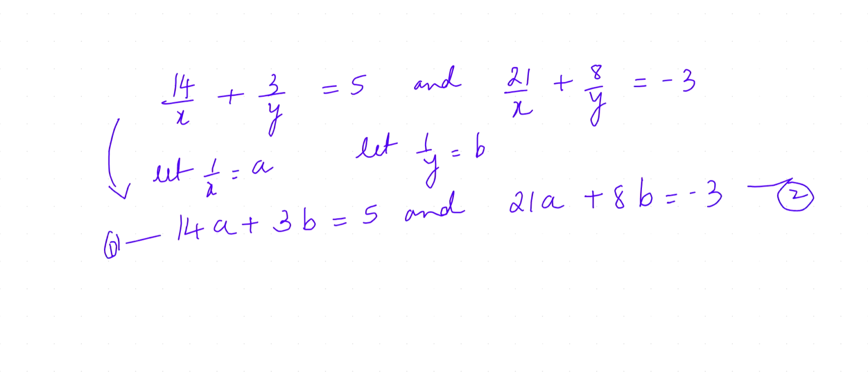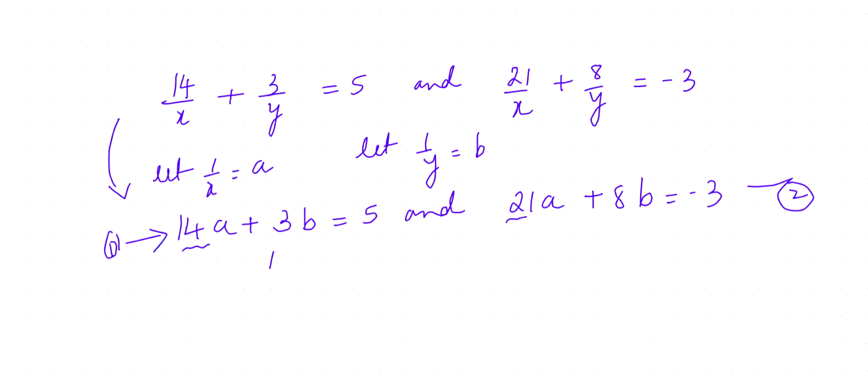Now, nothing really strikes me, but I know that in equations 1 and 2, the coefficients of a happen to be multiples of 7. You have 14 and you have 21. So we can try to get the LCM and eliminate.